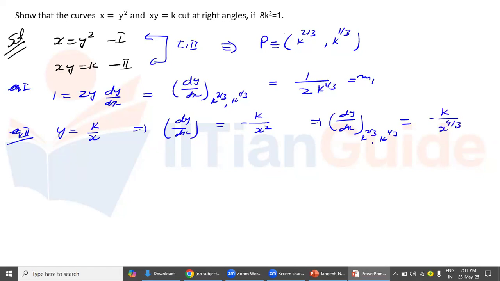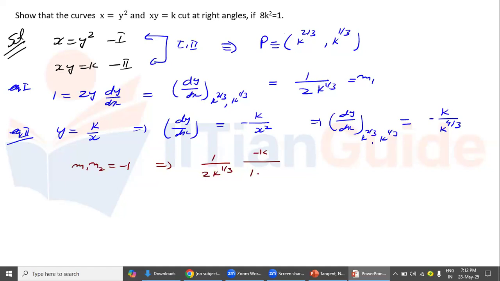Now apply m1 m2 equals minus 1. m1 is 1 upon 2 k power 1 by 3, m2 is minus k divided by x power 4 by 3, which is k power 4 by 3. I have written x, that is k power 4 by 3.